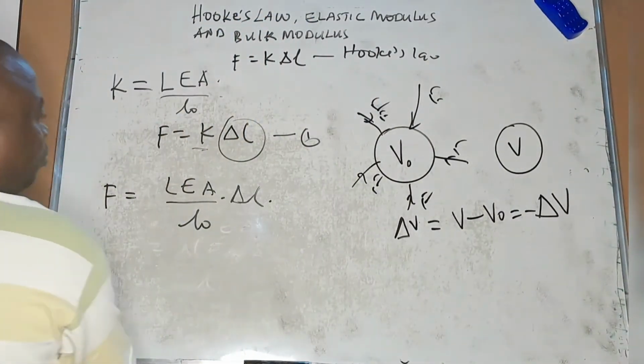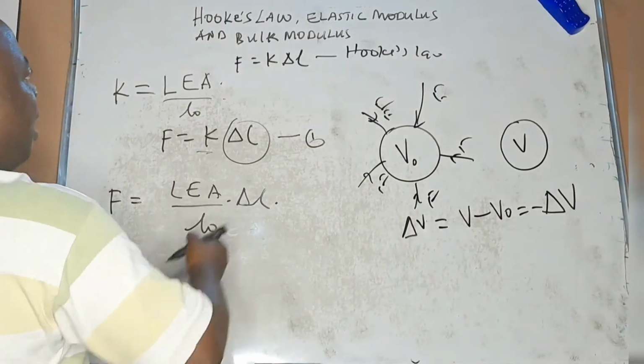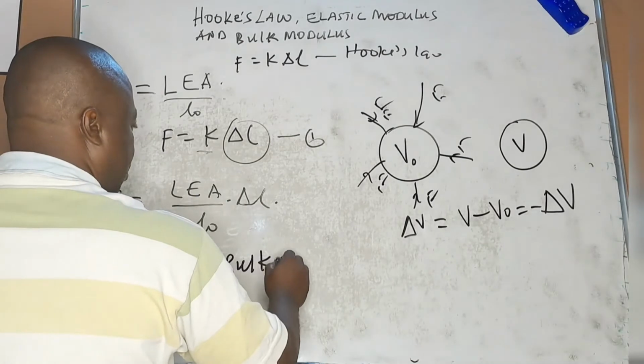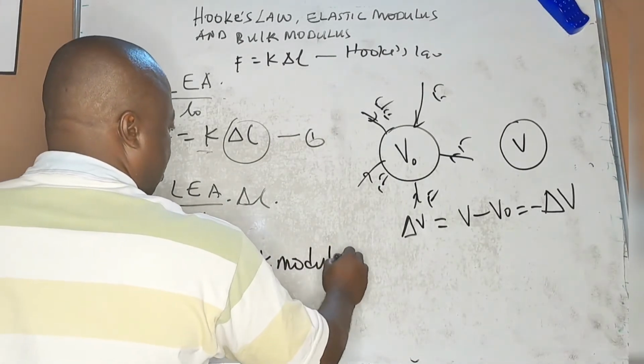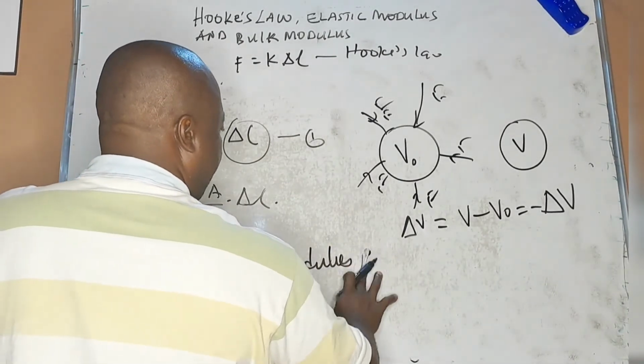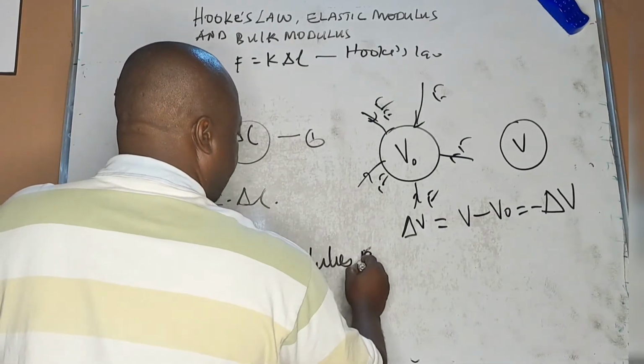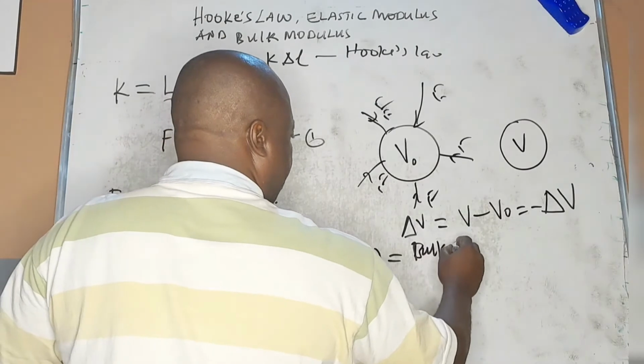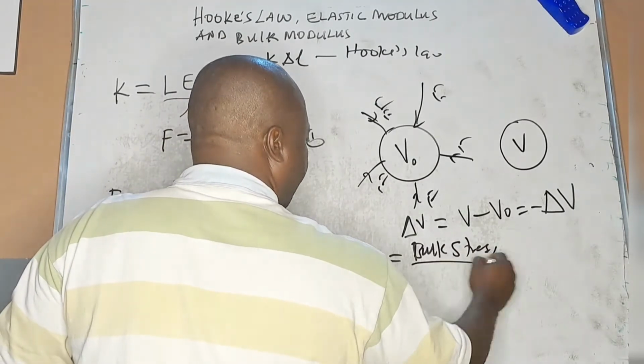Now, we define bulk modulus, denoted by B, as bulk stress over bulk strain.